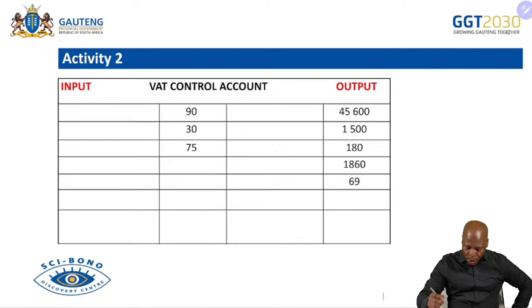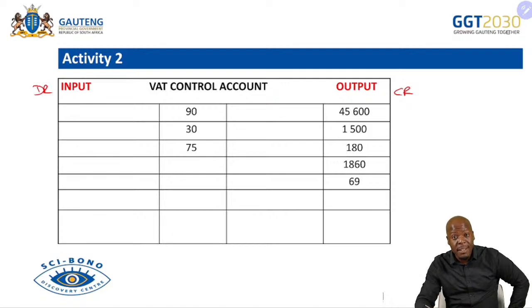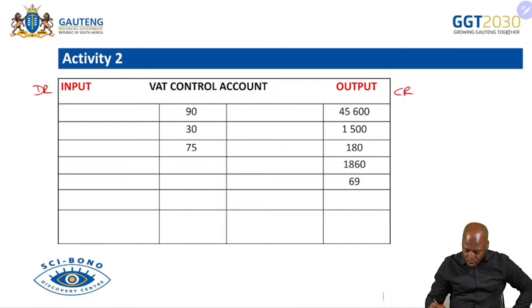Okay, so we look for the side with the highest amount. That is how we always do it. All right, side with the highest amount. And the side with the highest amount, from how I see it, it has to be my credit side. Here's my credit side because this is my debit side. So on my credit side, I want you now to have your calculator. Please start punching. You're going to put 45,600. Okay.